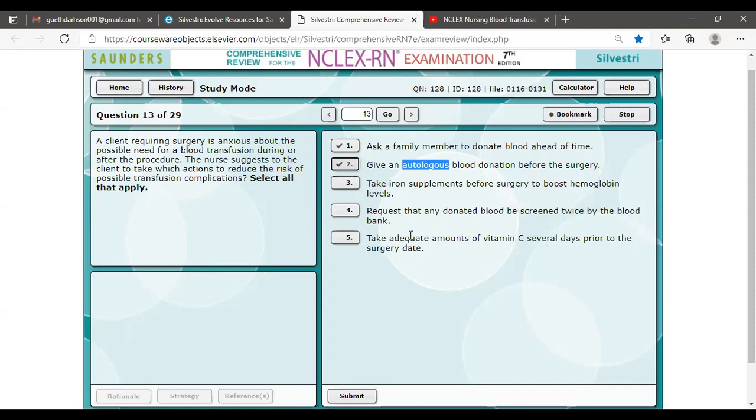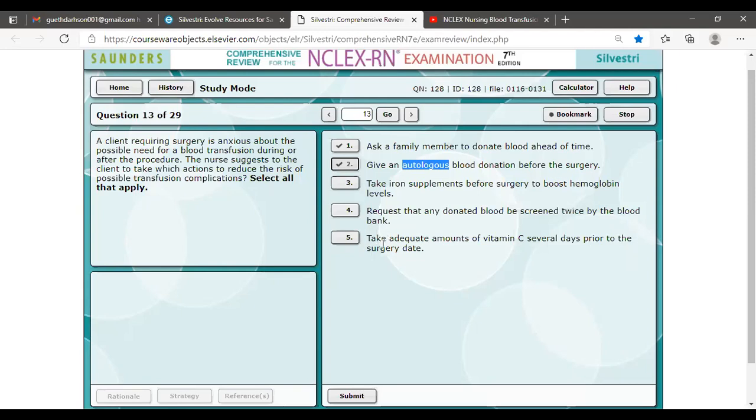Also, we have to check the blood type. Also, we determine the donor compatibilities by type and cross matching. It is the protocol, but it does not reduce the risk of transfusion complication.